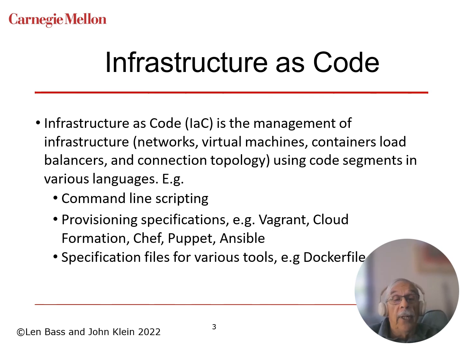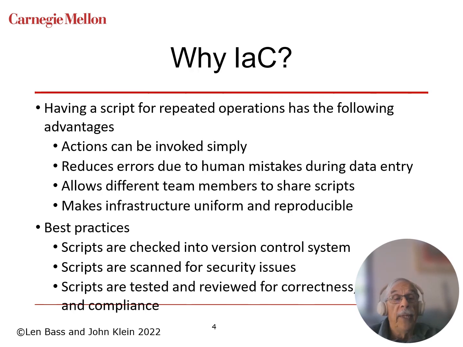There are provisioning tools that have specifications, and we'll talk about provisioning in a minute, but Vagrant, CloudFormation, Chef, Puppet, Ansible are examples of those kinds of tools. And then there are specifications for other tools, like Dockerfile, which is a way of controlling your Docker configuration and your Docker engine. That's also an example of infrastructure as code.